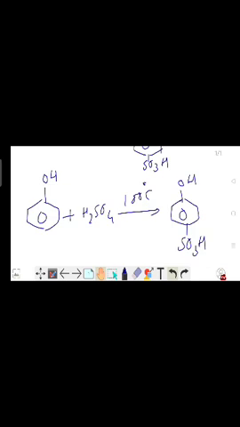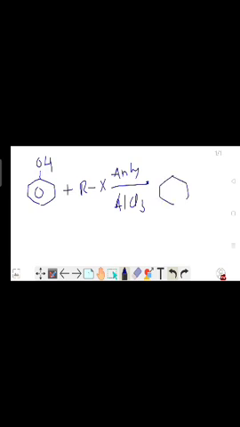Next one, Friedel-Crafts reactions of phenol. And you know, there are two types of Friedel-Crafts reaction, that is Friedel-Crafts acylation and Friedel-Crafts alkylation. So we discuss Friedel-Crafts alkylation.